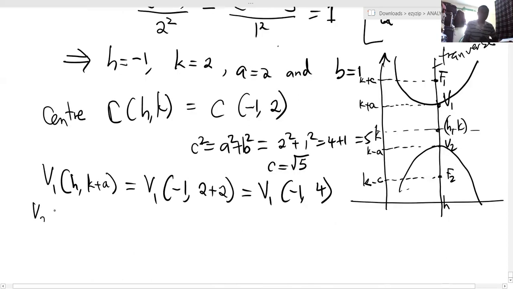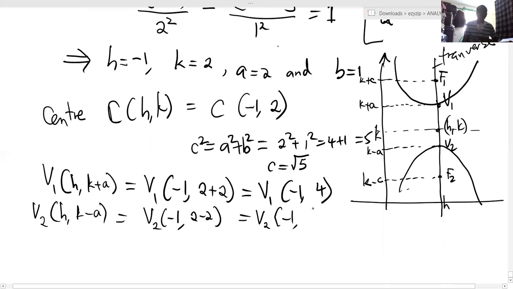V2 is h comma k minus a, which will be -1, 2 minus 2, which means V2 will be -1 comma 0.